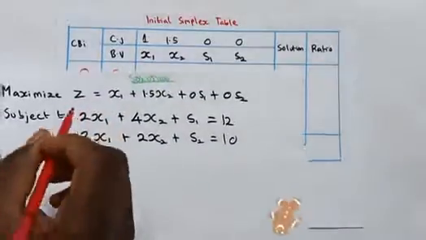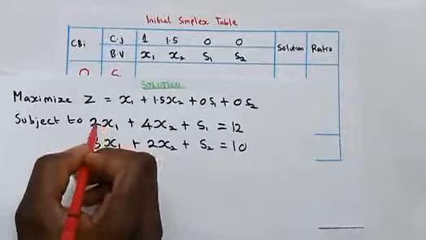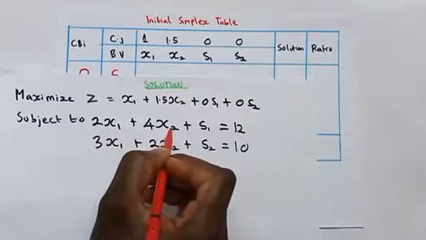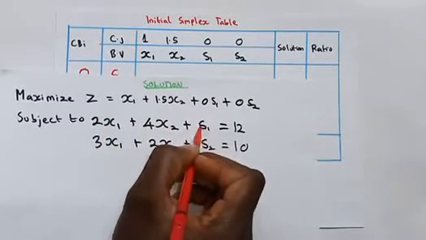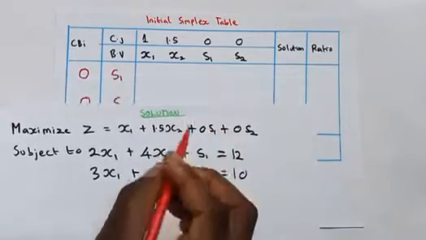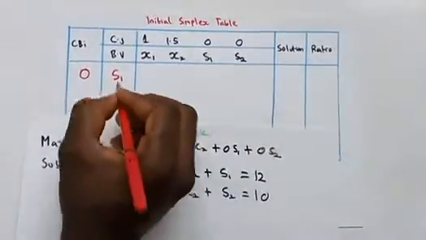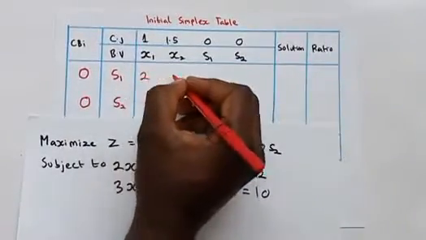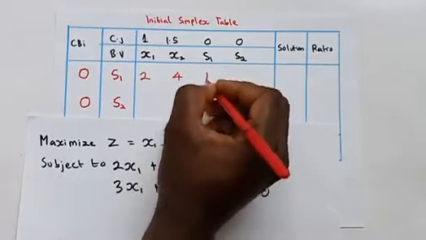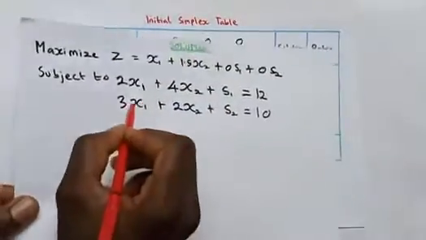Then look at the equation of the first constraint. Here the coefficient of x1 is 2, coefficient of x2 is 4, coefficient of s1 is 1. There's no s2, so the coefficient is 0. So for this first row, we have 2, 4, 1, and 0. And for the second row, look at the equation of the second constraint.